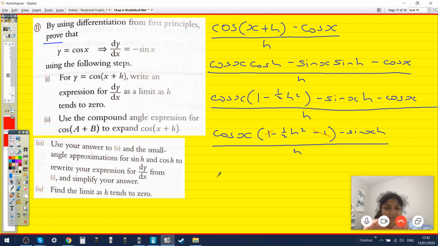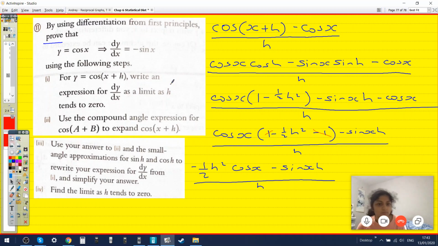Yeah, so everything would equal 0. Dividing through by 0. Let me rewrite this now. Another way of writing this is minus a half h squared cos x minus sine x h, over h.